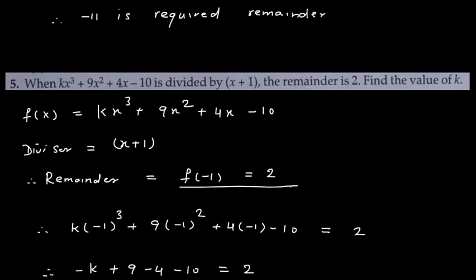Now the sixth problem. Using the remainder theorem, find the value of a if the division of this by this leaves remainder 2a. So again, the remainder is f of 1, f of 1 is given as 2a. So therefore f of 1 is what?